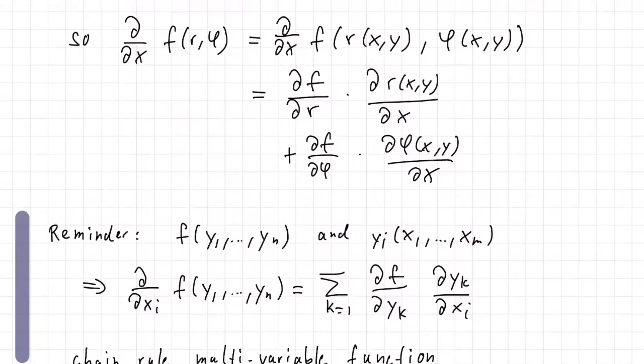And once you did that, you get some expression in terms of x and y here, and something in terms of x and y here. You can now use the inverse relations again, x and y in terms of the polar coordinates, to reduce this whole expression to only have polar coordinates.